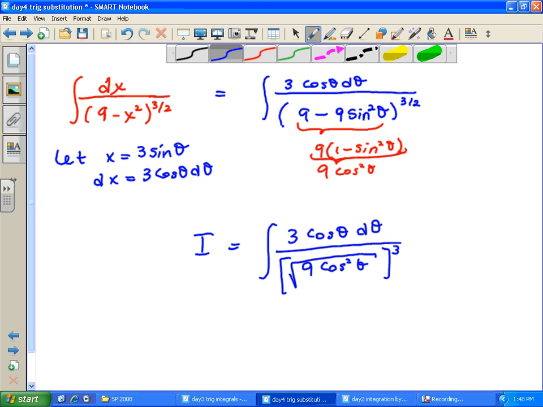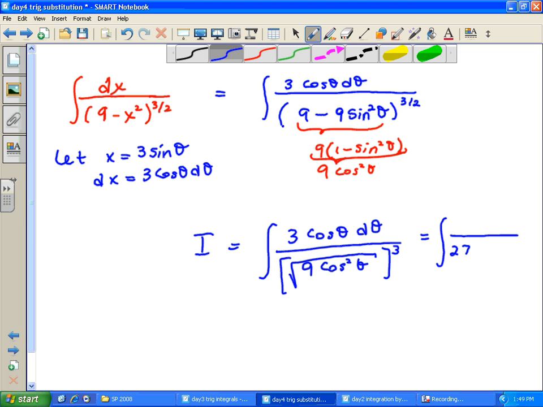And 3/2 means first take a square root, and then raise to the third power. So what will you get when you do that? When you first take a square root, what would you get here? 3 cosine theta, assuming we're dealing with positive values, and then raise it to the third power, 27 cosine cubed theta, right?